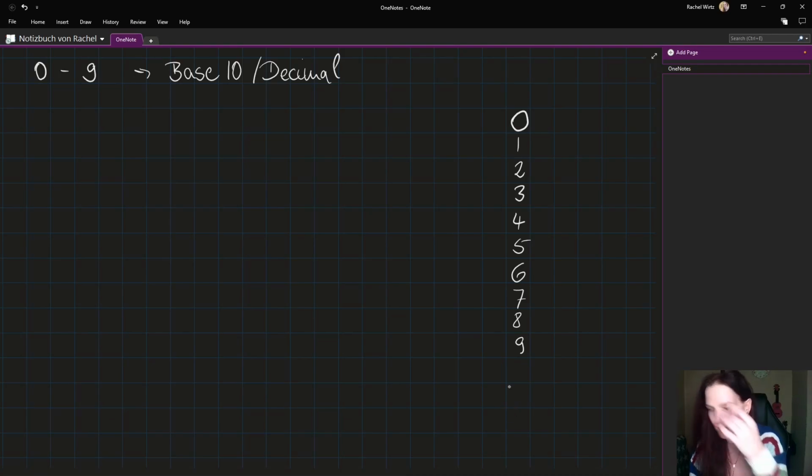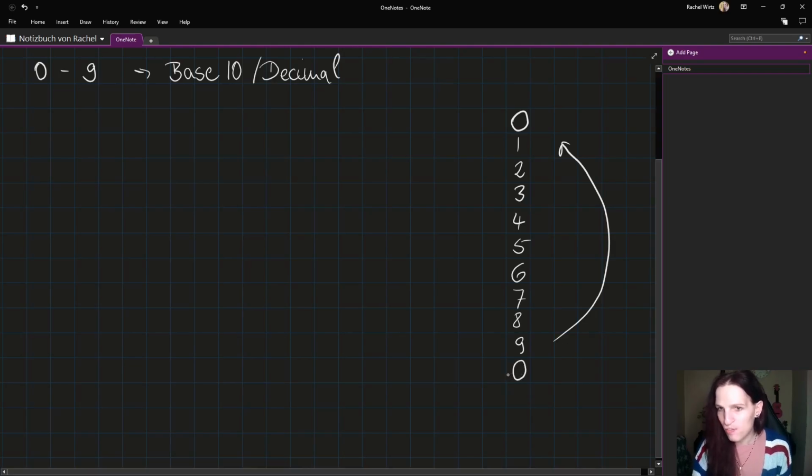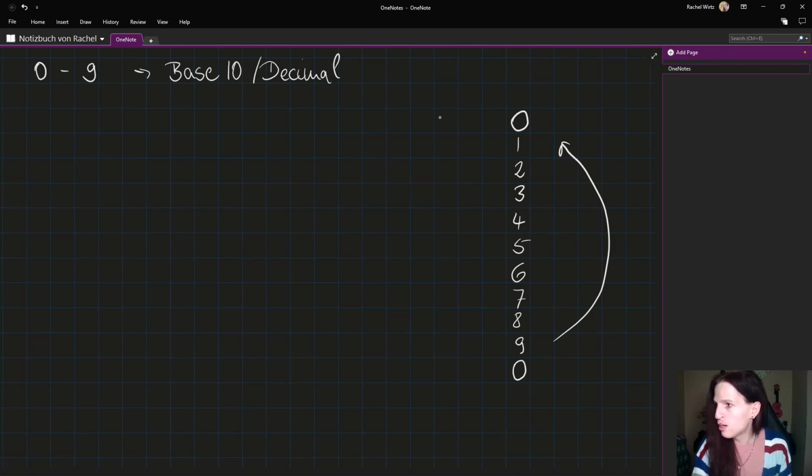Well, when we come to the 9 and we add a 1 to the 9, what we do is we wrap around. We go back to the 0 in this sequence, right? But we have 1 left over that we somewhere have to put, right? So we carry it over. So we just place it in front of our 0, right?